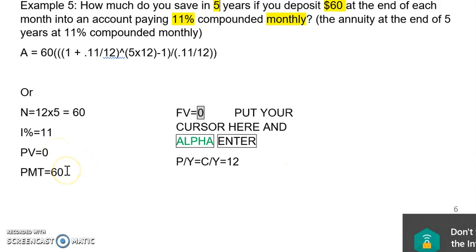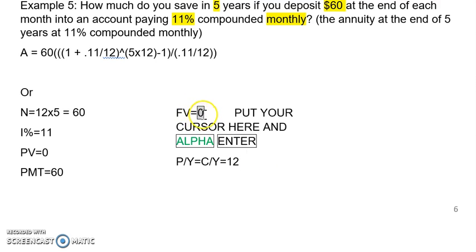The payment, the regularly recurring monthly payment, is $60. You could put a negative there if you wanted so it doesn't show up in future value, but it doesn't really matter. We never copy the negative. The future value is 0, and I already discussed the PY and CY, payments per year and compoundments per year, are both 12, once again because it's monthly compoundments.